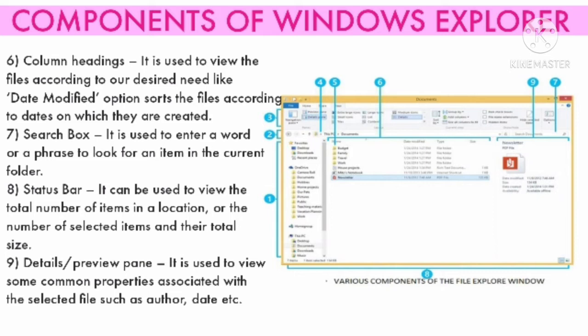Status bar: it can be used to view the total number of items in a location or the number of selected items and their total size. Details or preview pane: it is used to view some common properties associated with the selected file such as author, date, etc.